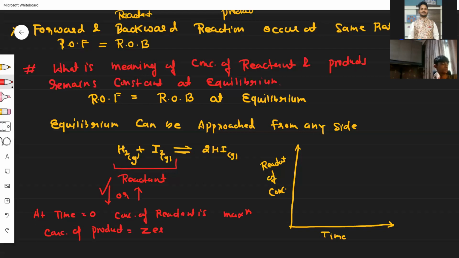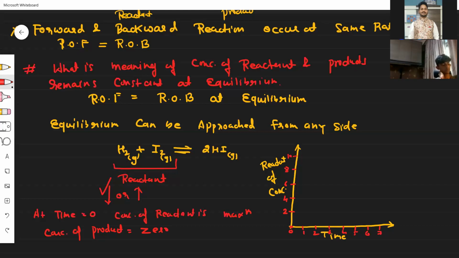So when the time was zero, this is zero, this is one, two, three, four, five. This is in minutes. I'm just putting the numbers here. Concentration is like 2, or I can have here 4 mole per dm cube, 6, 8, 10 mole per dm cube.